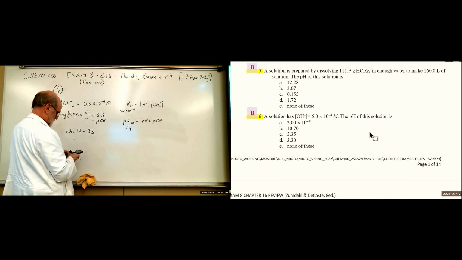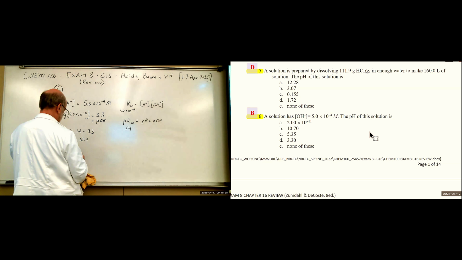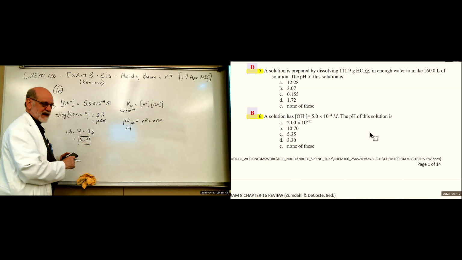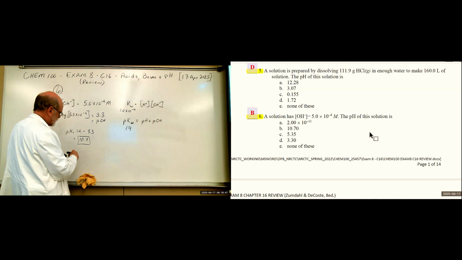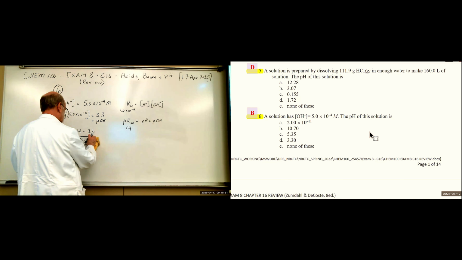Which is 10.7. Which is the pH, 10.7. Okay, so they're saying 10.70. Oh, yes. 2 significant figures.